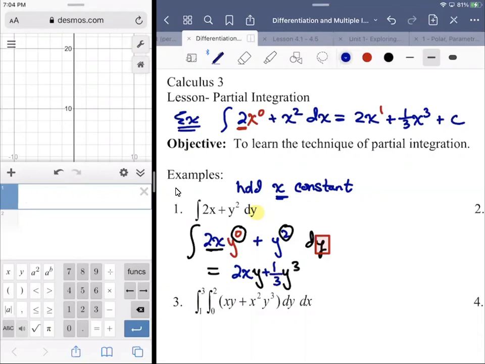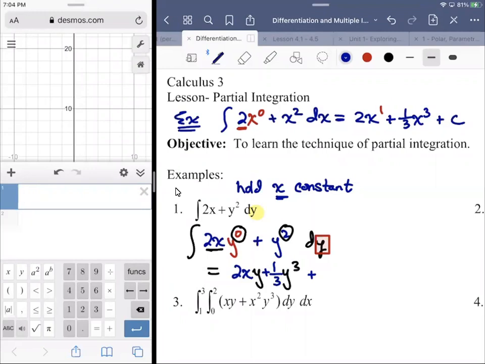But the issue here is there's a little bit more to the plus c. It's not just some numerical constant. If I take the derivative and that derivative involves an x only, then if I'm taking the derivative with respect to y, that derivative would go to 0, right?